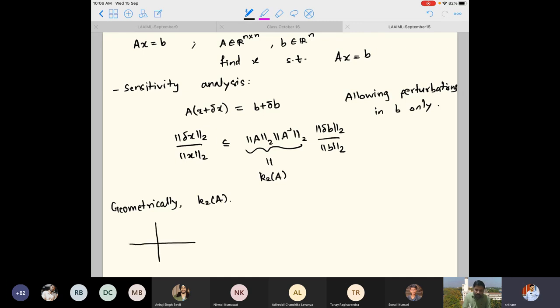We looked at the action of A. So this is a unit circle, and you act A on it, and we saw that this transforms into an ellipse type of thing. So this unit ball transforms into an ellipse. Geometrically, that is what is happening.